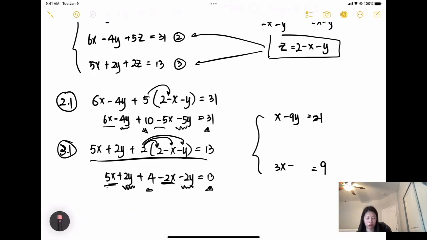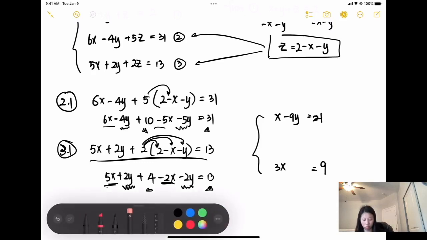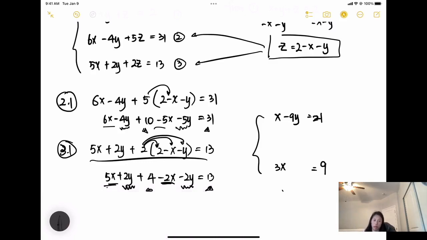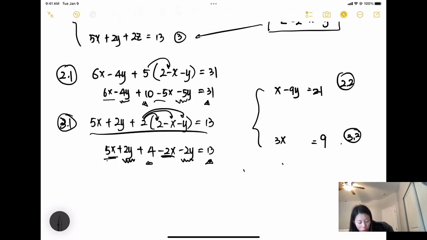Well, we already solved for x, right? Let me rewrite this. 3x equals 9. Okay, so now we can treat it as what? 2 linear equations. So we have our 3.2 and 2.2, because we simplified it. I'm going to rename it, but they actually come from the same second equation. So that's why I keep it 2.2 and 3.2. So from 3.2, we have what? 3x equals 9.